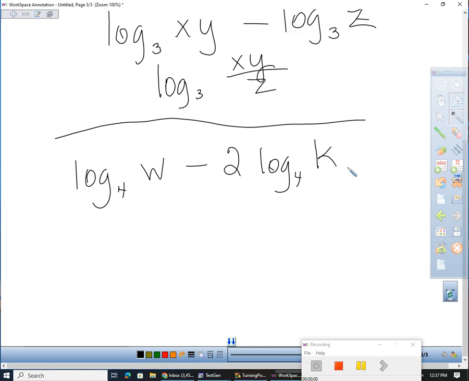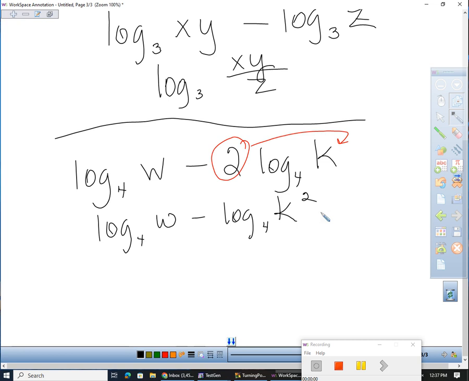If you have any coefficients in front, that's the first thing we have to move. So this coefficient right here is actually the exponent on k. So we have log base 4 of w minus log base 4 of k squared. Now in the log world, when we subtract, we really divide. So we write log base 4 of w divided by k squared.